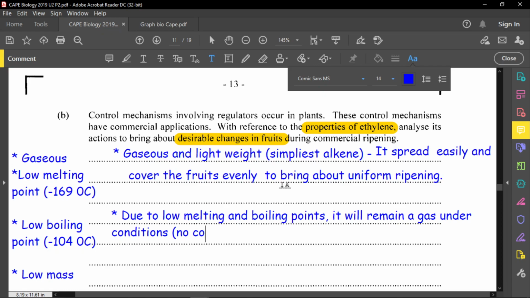this gas will be less likely to be condensed. I must say no condensation. Not saying that it is impossible to condense, but under normal conditions, you have no condensation of this gas. And since you have no condensation of this gas, that means the particles of ethylene will move rapidly at higher temperatures or standard temperatures, okay?